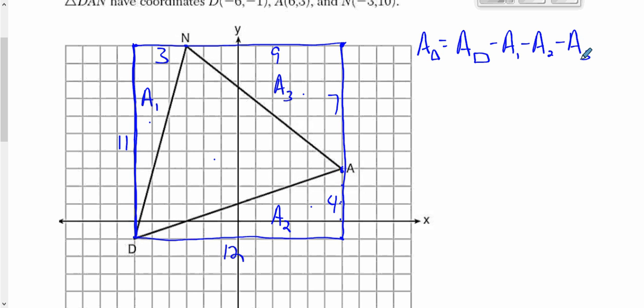Okay, so all that's left now is to find the area of the rectangle and the area of those sections 1, 2, and 3. So let's do the area of the rectangle. That's pretty simple. That's just base times height. So we have 12 times 11, the area of our rectangle.